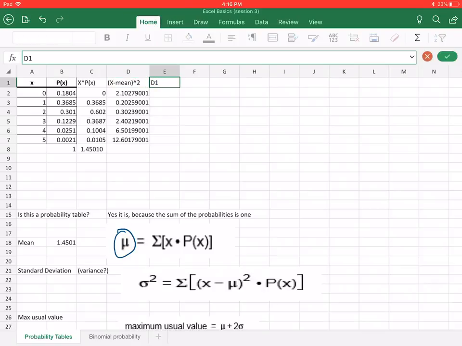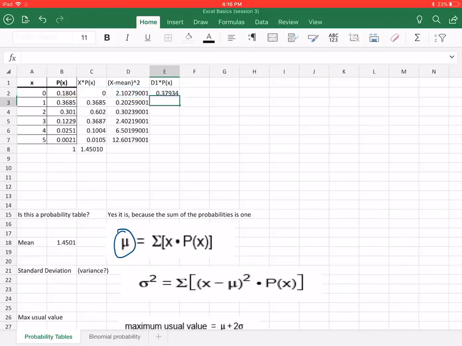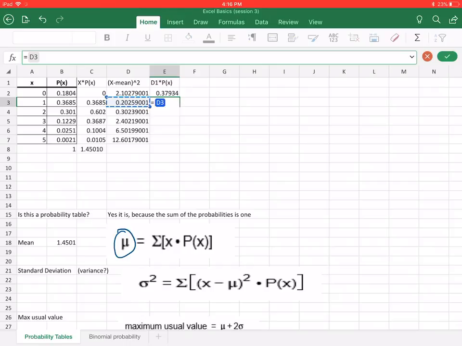So it'll be D1 times P of X. So from there you're going to do equals D1 times P of X. And then you'll do this one times P of X. And you're just going to do it for each of them.